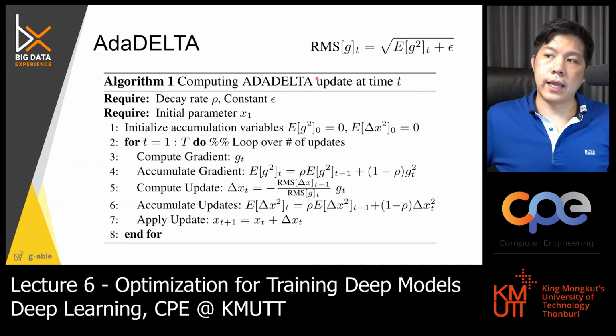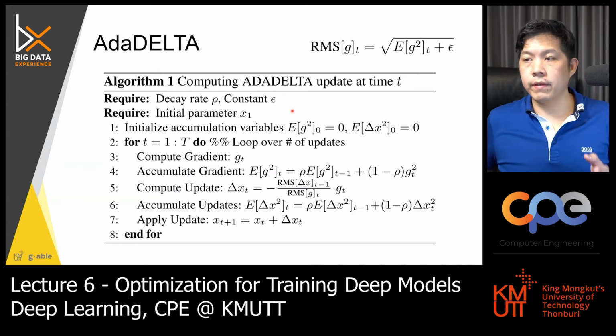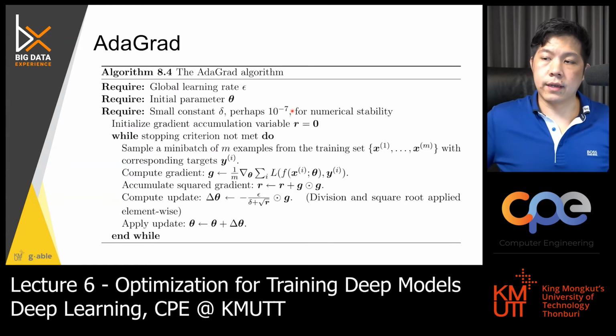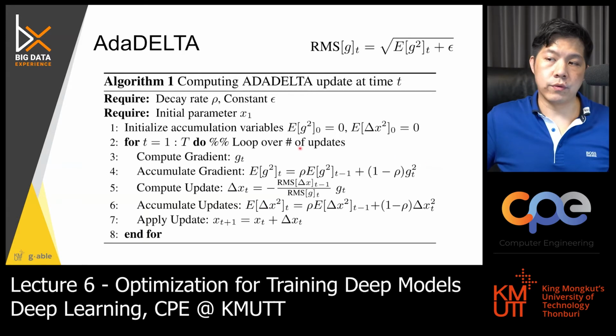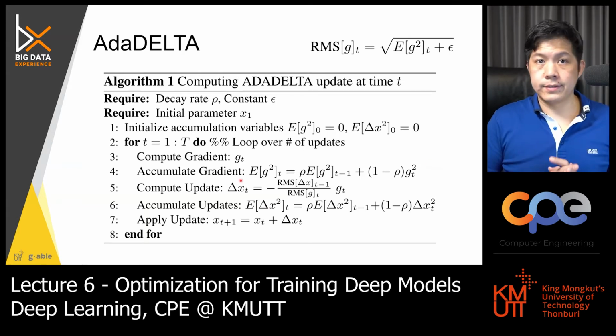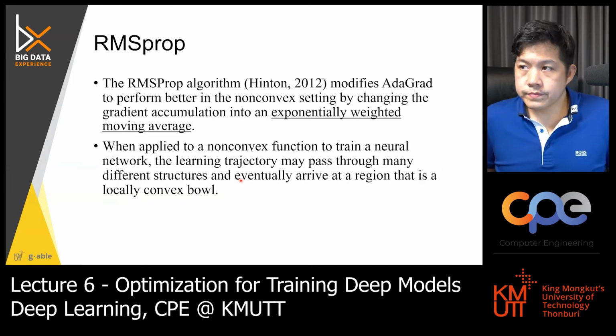Okay, so this is AdaDelta. So instead of using the accumulation of the gradient of the entire run, it used the smooth value of the gradient, and then used it to scale and then compute the rate. Okay.